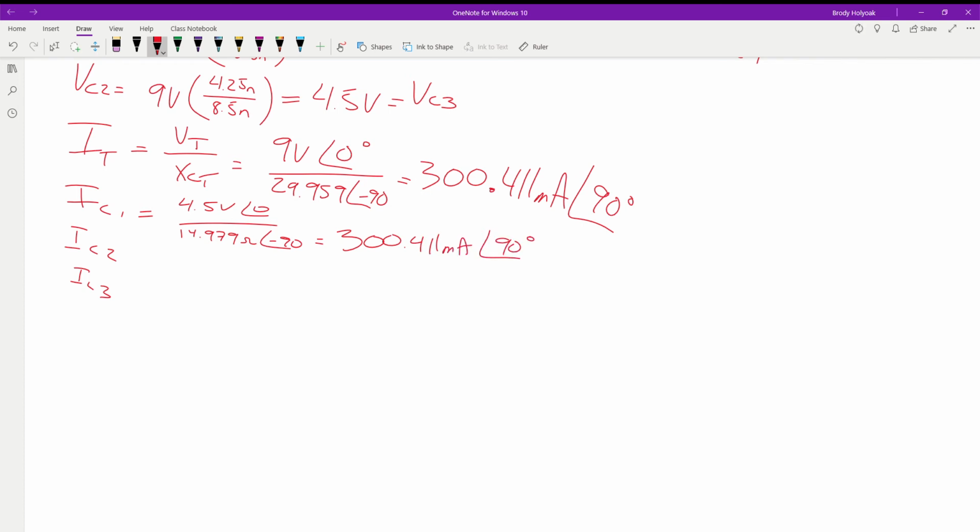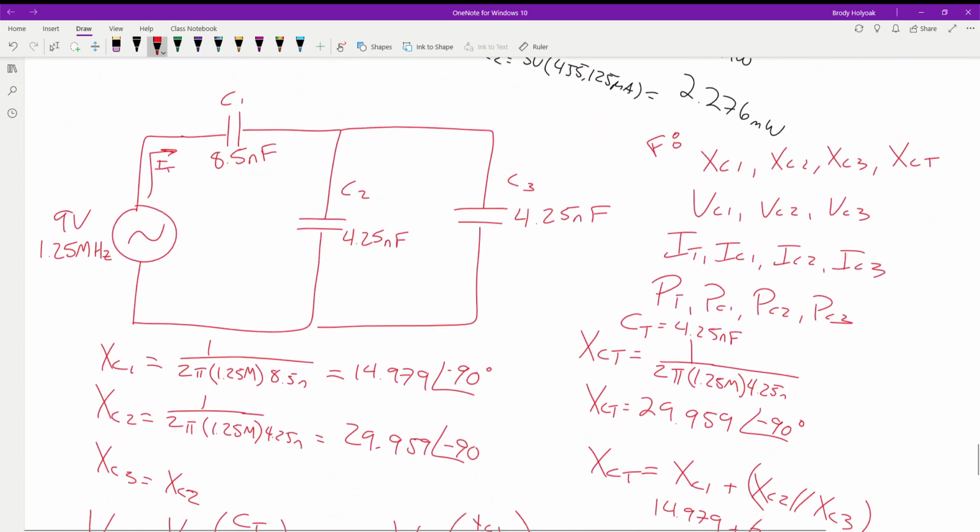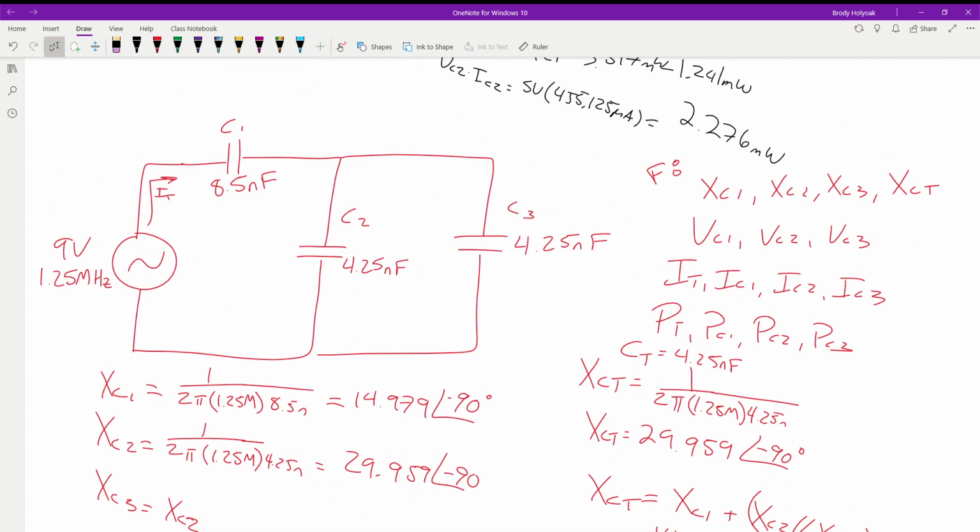Okay. Also, looking back at our schematic, what current's flowing through C1? The total. So IC1 is also the same as our total current.